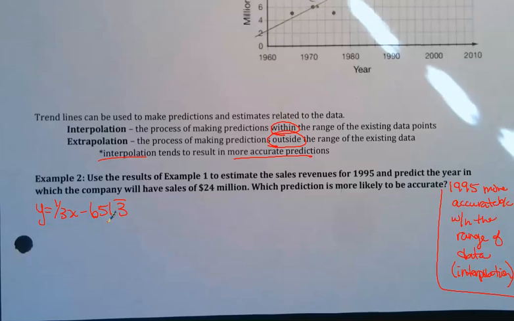Yeah, because you wrote an equation for the trend line. Correct. It's going to be a prediction. So how do we make a prediction with this equation we just found for the year 1995?